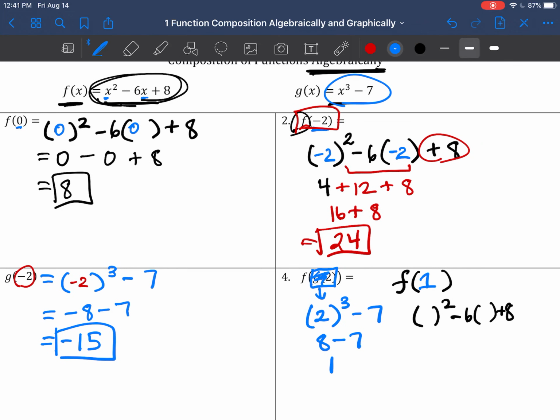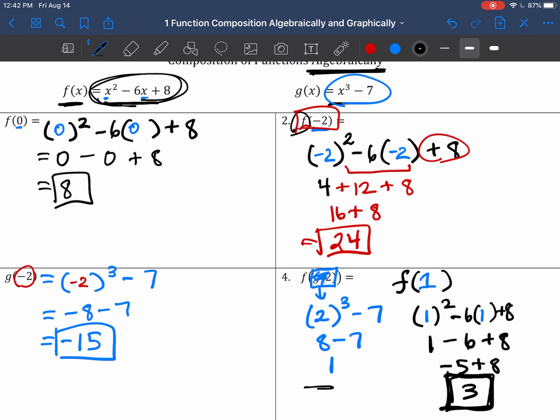And we are plugging in 1. 1 squared is just 1. 6 times 1 is just 6. 1 minus 6 is negative 5. Negative 5 plus 8 is 3. And so our final answer for this f of g of 2 is 3.